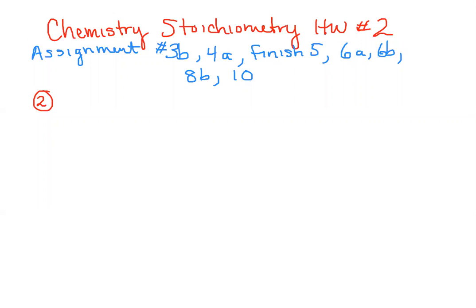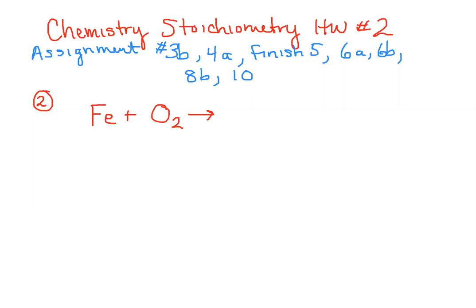Iron reacts with oxygen to form iron 3 oxide. So the first thing we do is we have to write the equation. Okay, so we've got iron and it's reacting with oxygen. Remember that oxygen, when it's by itself, always has to have a 2 because it's one of those diatomic ones.